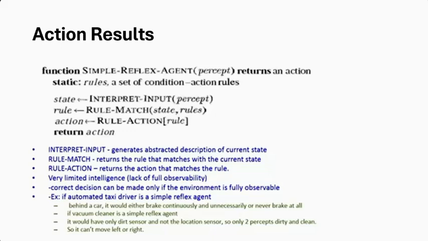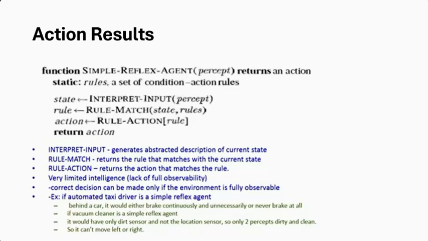So the return is action. Interpret input generates an abstracted description of the current state. Rule match, the rule base, returns a rule that matches with the current state. Rule action, which is the frame base, the frame rule, returns an action that matches the rule. So, very limited talaga yung intelligence ng simple reflex agent.